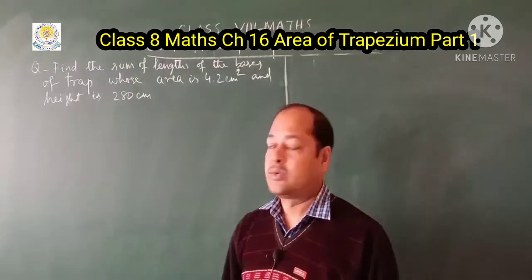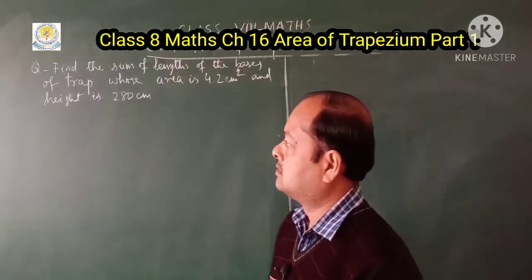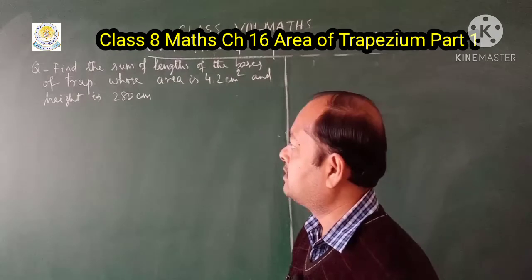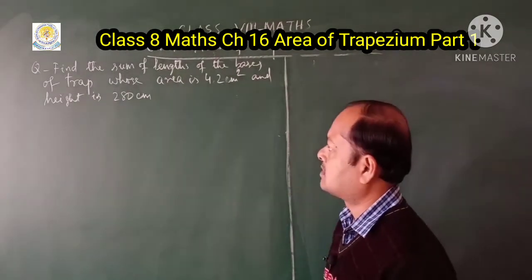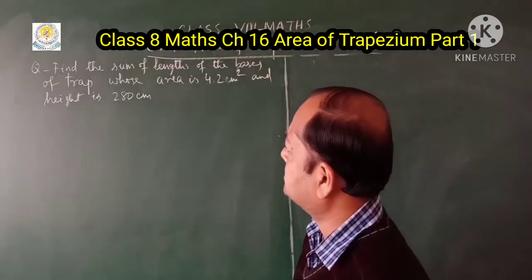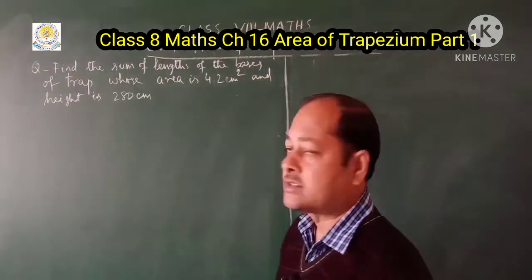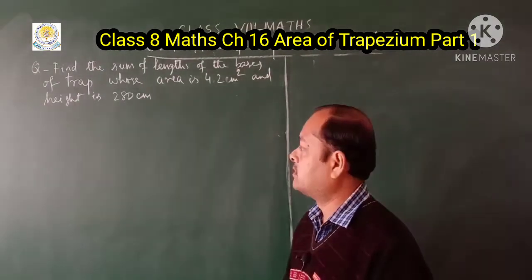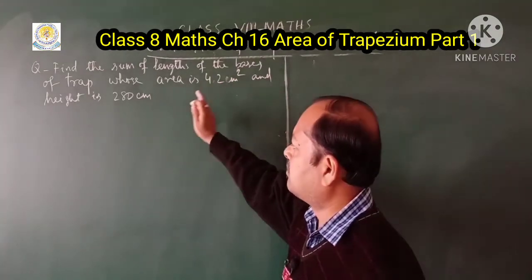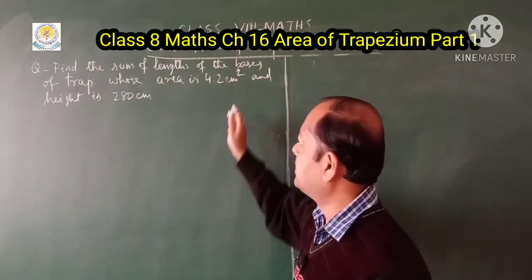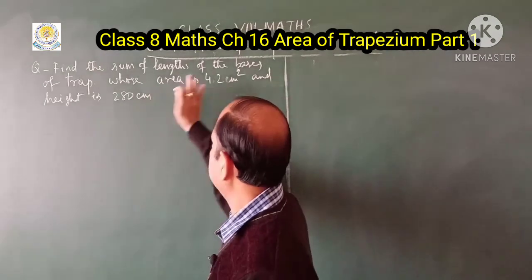Okay. Now look at this word problem. The question says: find the sum of lengths of the bases of a trapezium whose area is 4.2 meter square, and height is 280 centimeter. First of all, you have to convert into the same unit. Here it is meter and here it is centimeter.